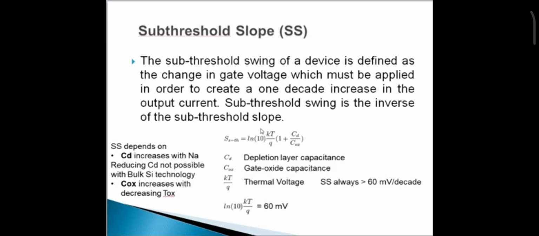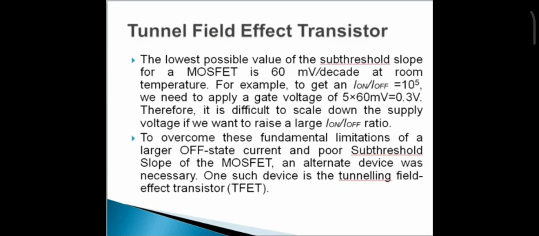It cannot be less than 60 mV per decade in case of MOSFET at room temperature, because depletion layer capacitance is always greater than or equal to oxide capacitance. The lowest possible value of subthreshold slope for a MOSFET is 60 mV per decade at room temperature.